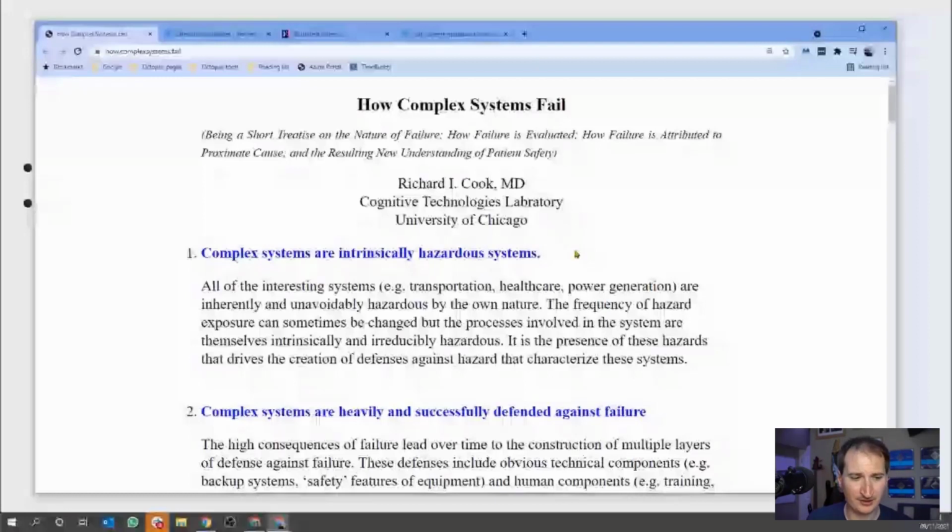As a result of this, I'm going to skip through a little bit. Post-accident attribution of root cause is fundamentally wrong, and views of cause limit the effectiveness of defenses against future events.